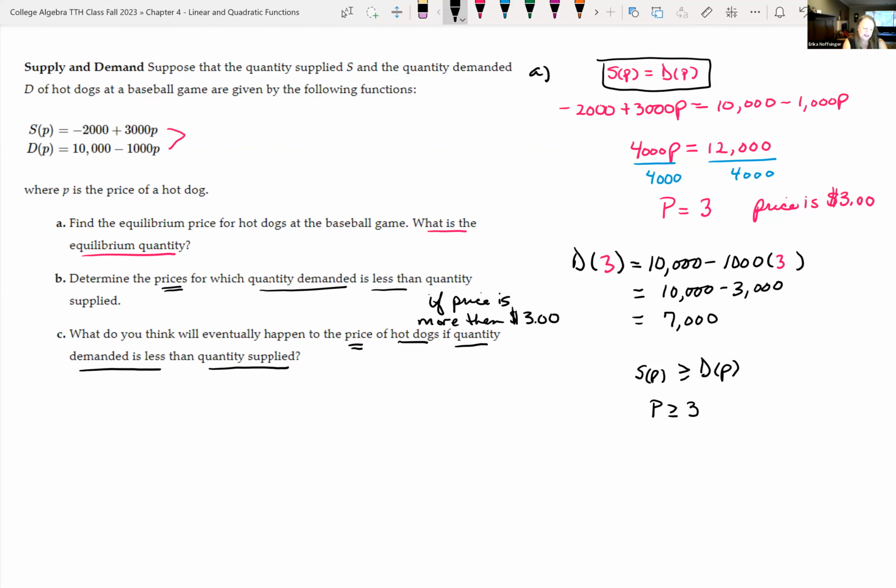Well, if the quantity demanded is less than what they have supplied, then my guess is they're going to want to sell what they have on hand, and so they're going to probably decrease their price so that the demand will go up.